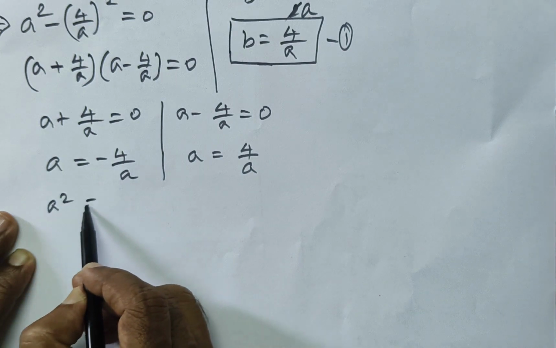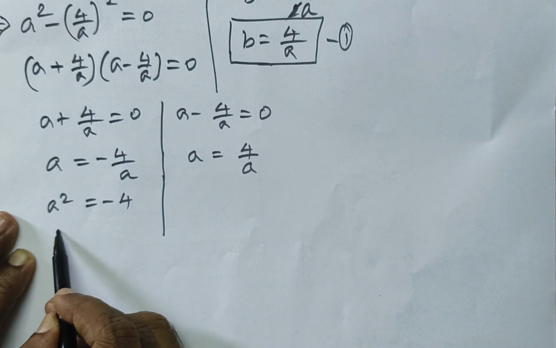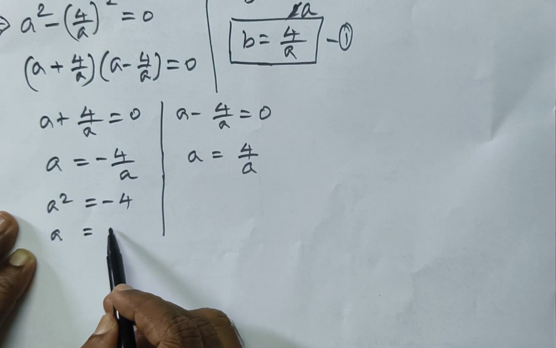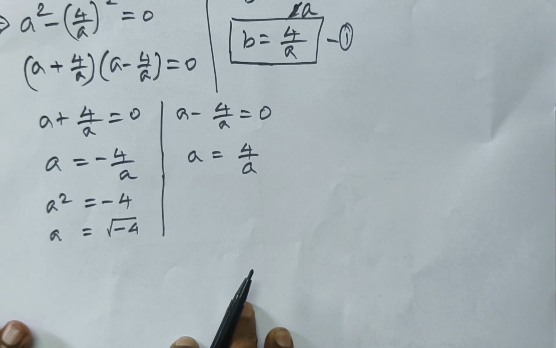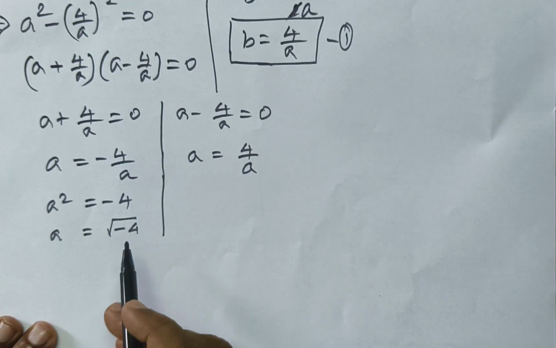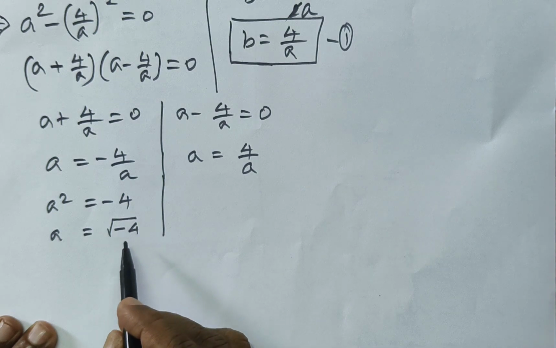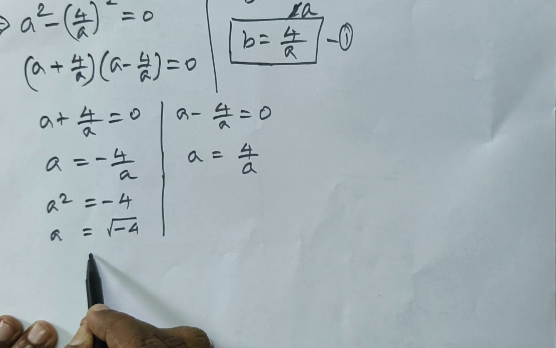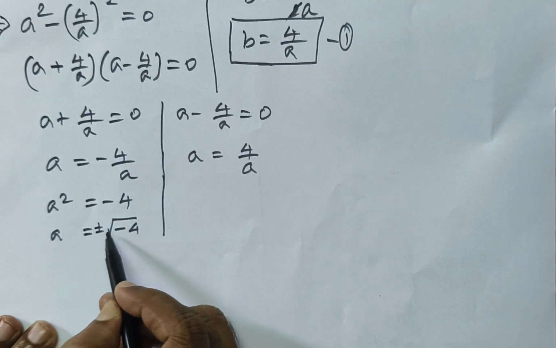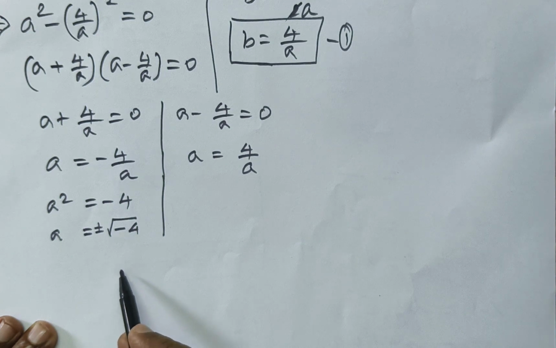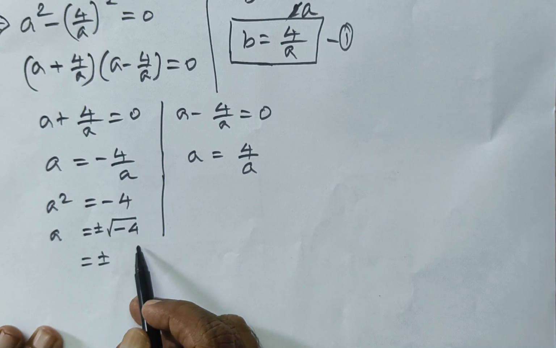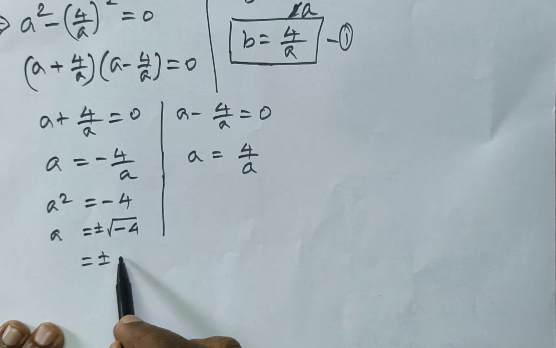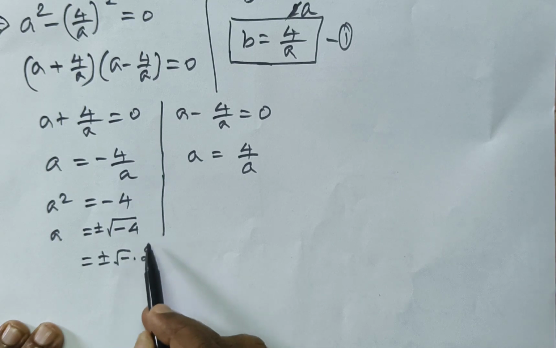A squared is equal to minus 4. Therefore, a is equal to plus or minus root of minus 4, that is plus or minus root of minus 1 into 2, root 4 is 2.